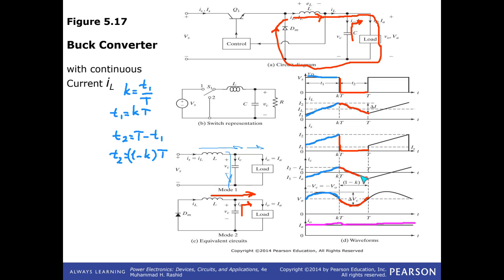Current, of course, has got a negative slope from maximum to minimum, and in the meantime, no supply current from the source.